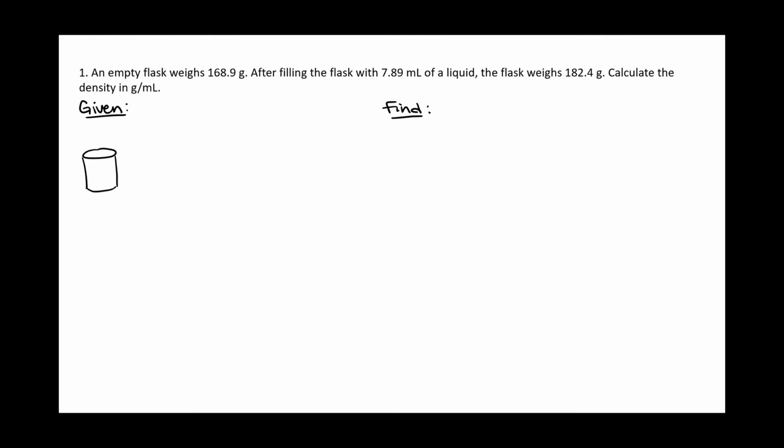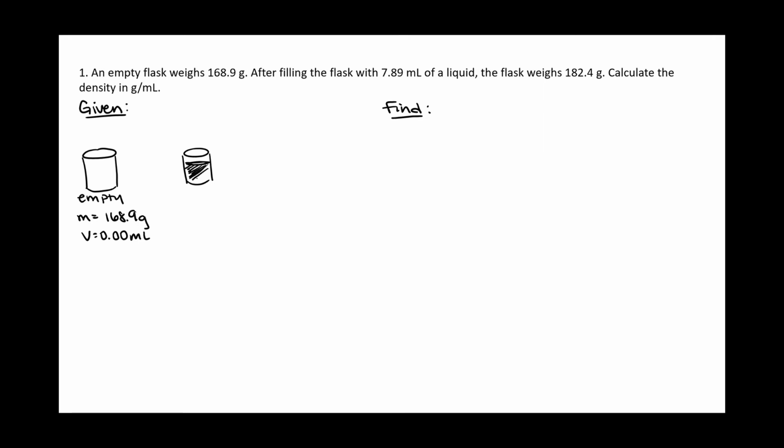So flask, beaker, I'm going to call this a flask. We have an empty one, and this has a mass of 168.9 grams. It has no volume in it yet. And then we have a volume of that same flask that's filled in this.